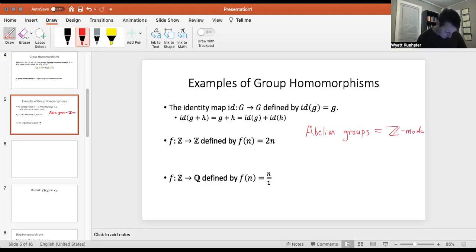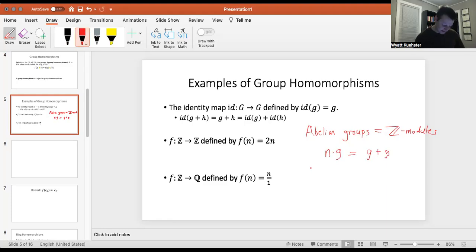So you can always multiply by integers, because if I have an element g in G, I can take an integer n and multiply it by g by just taking g and adding it to itself.